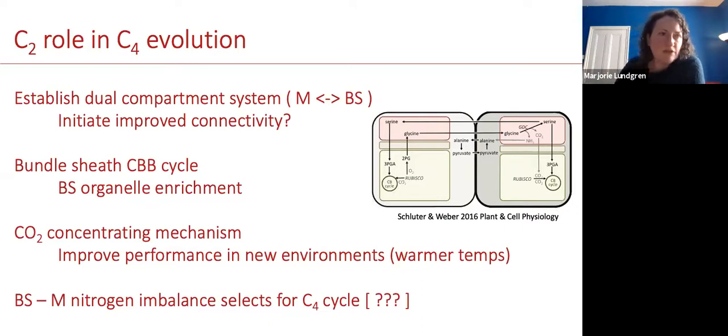We're working on this, and we're nowhere near being able to make any kind of strong statement. But my point is that this nitrogen balance might not be the main selector for C4 photosynthesis. And if that's the case, there might be something else going on, and it might be really interesting. So that's why I put those question marks there, because it's something I think as a community we need to be a bit skeptical of until we can have a bit more proof.